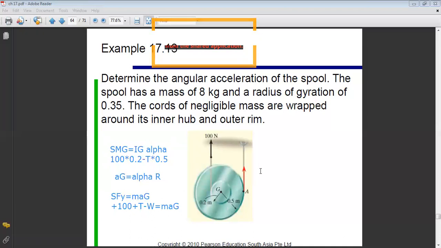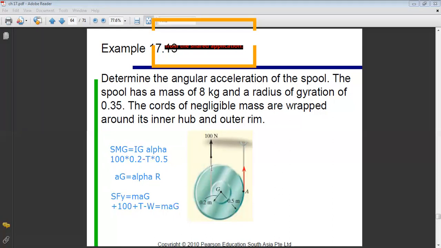Now, how do you know the direction of AG? Because the 100 Newton force is upward, it will pull your disc up. And how will your rotation be?